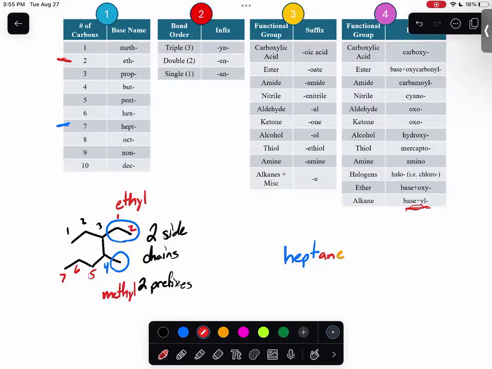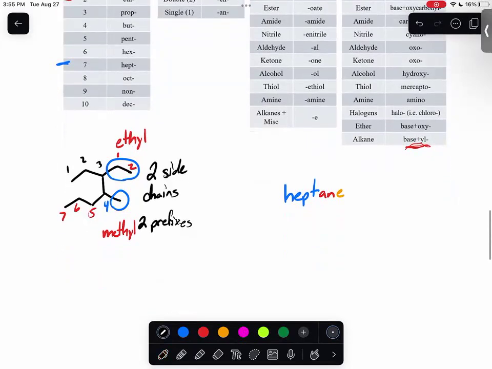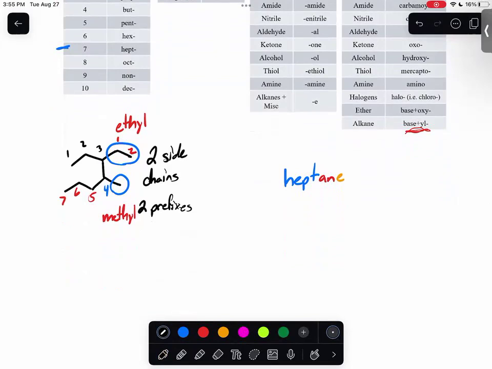Alphabetics is important. So if you have multiple prefixes, essentially whichever one's alphabetically first, we're going to put first. So if we're talking about ethyl versus methyl, ethyl's going to win because E comes before M in the alphabet.